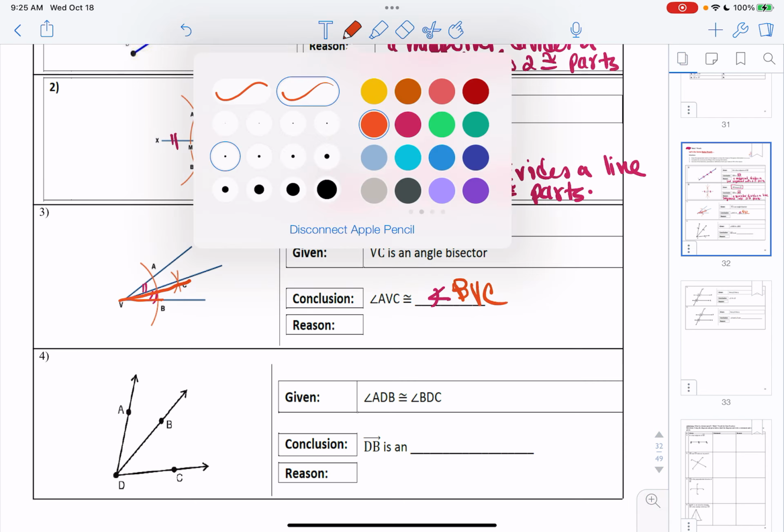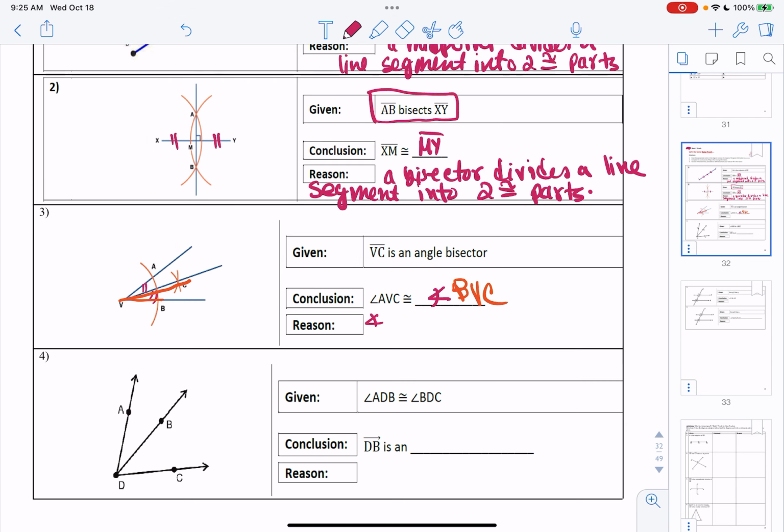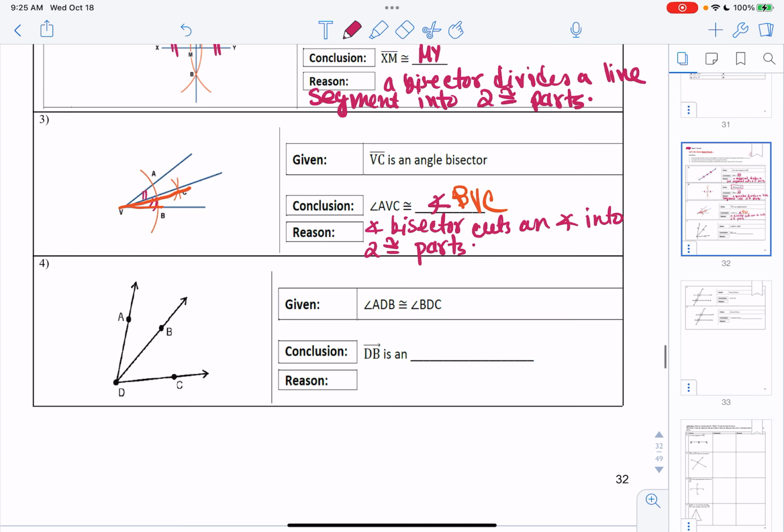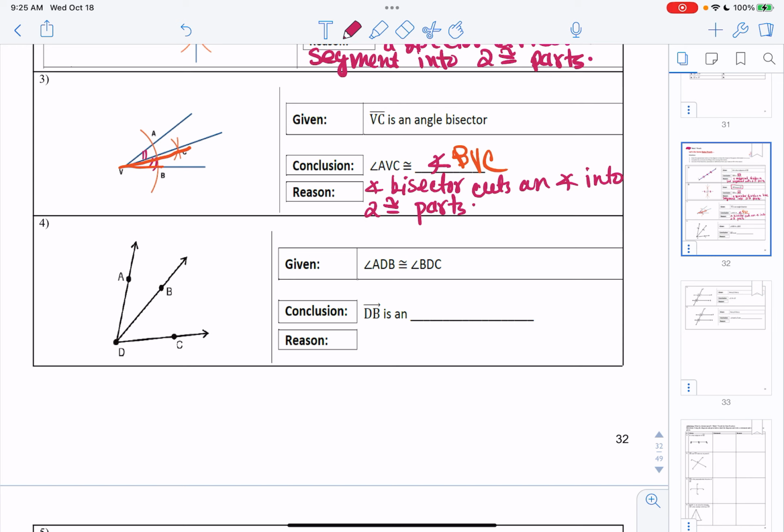Same thing, angle bisector cuts an angle into two congruent parts. And as you can see, yes, it's a little bit of writing, but we have to make sure that we are writing as much as we can, so whoever is reading our proof understands what we are talking about.